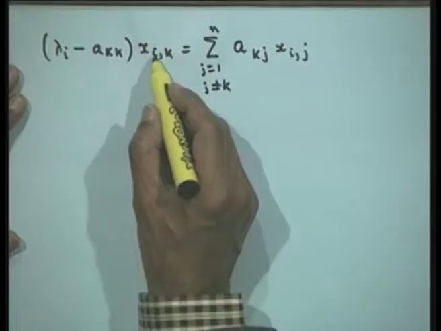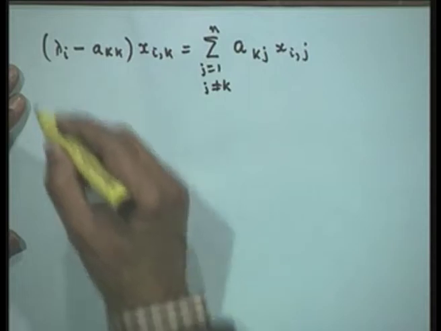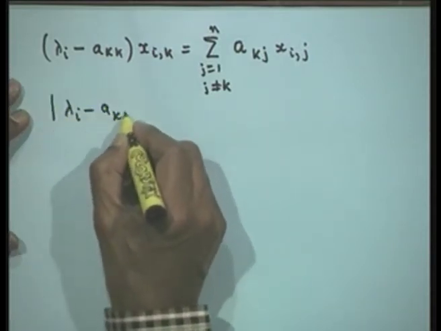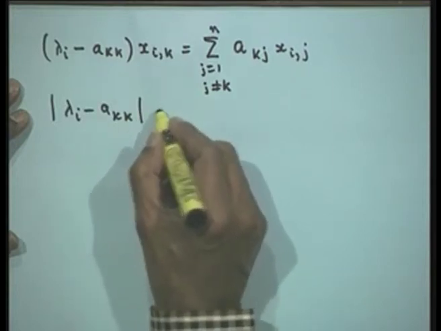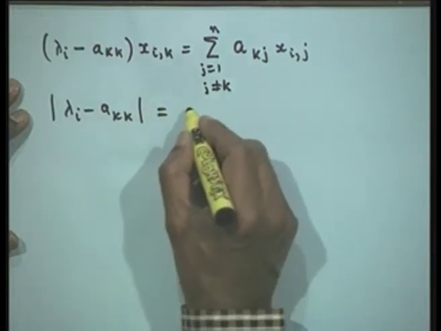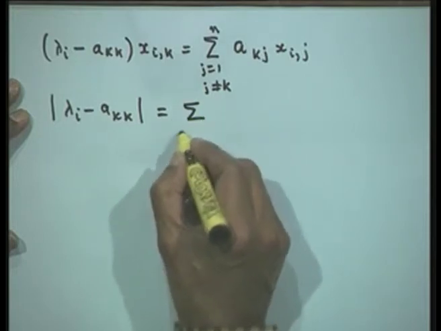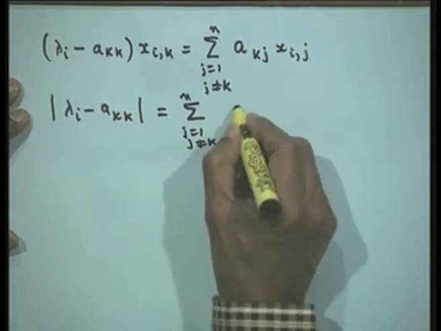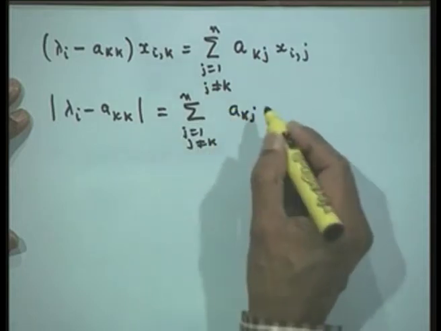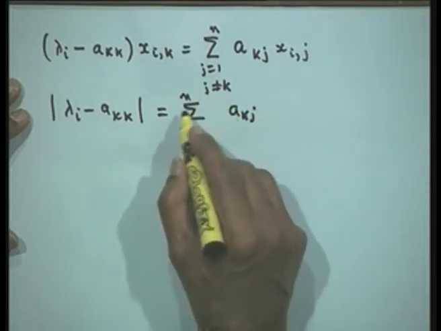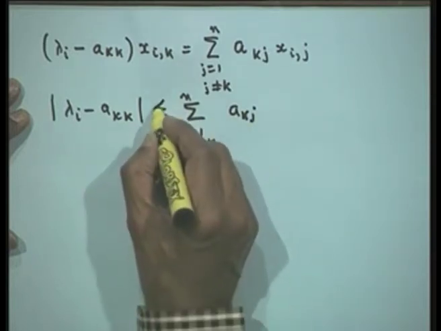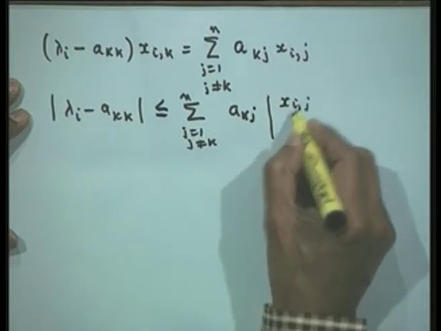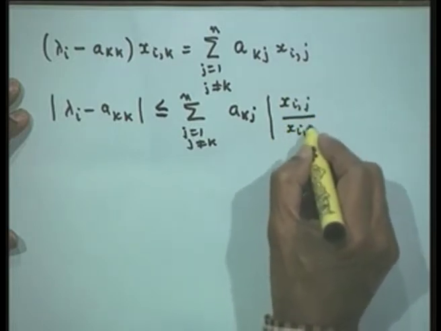Now I divide by this xik and then take the magnitude. So I can write the magnitude of lambda i minus akk as equal to the magnitude of the summation over j from 1 to n, j not equal to k. Taking the magnitudes inside, this is less than or equal to the sum of the modulus of akj times the magnitude of xij by xik.